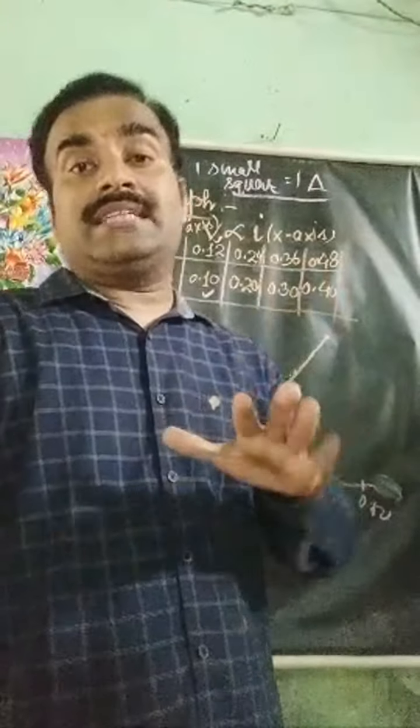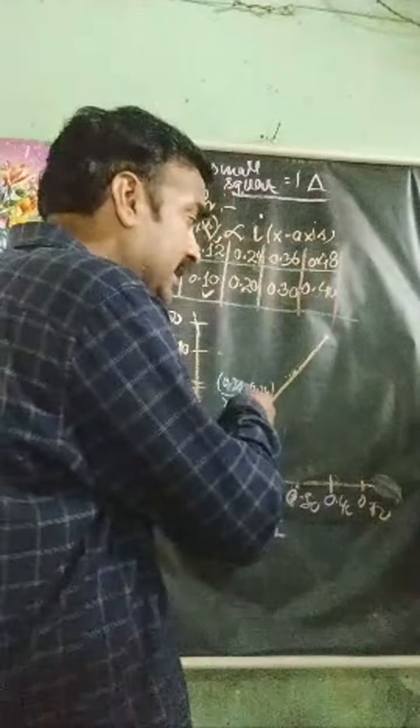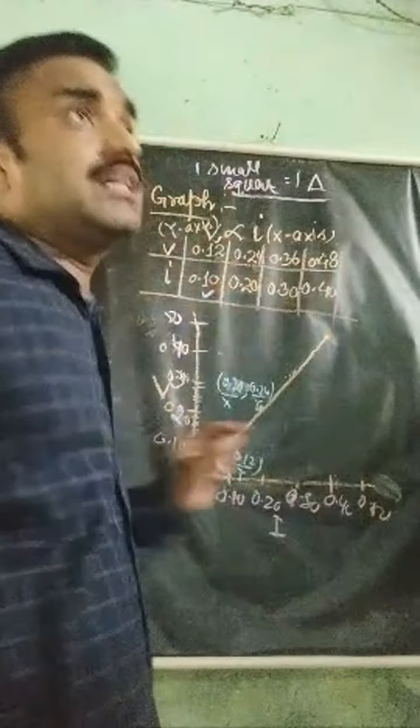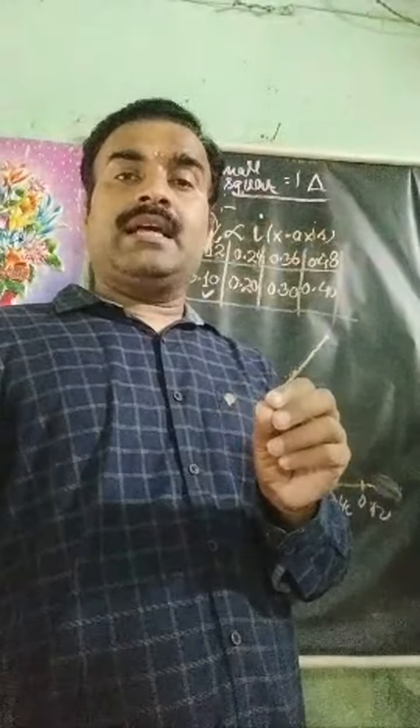Then the sixth thing: if you have drawn the graph and all the points are not falling on the same line, don't take tension. There must be a best fit line.